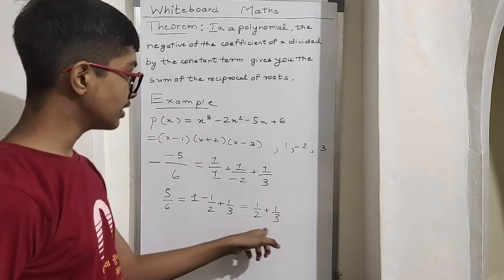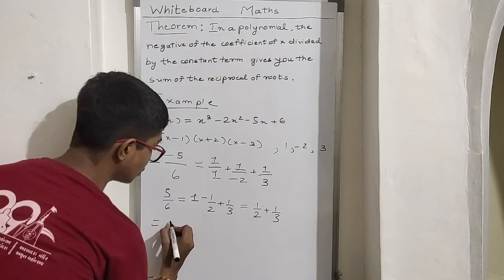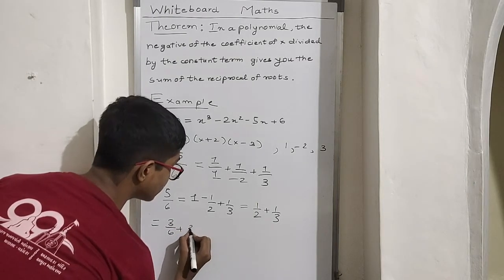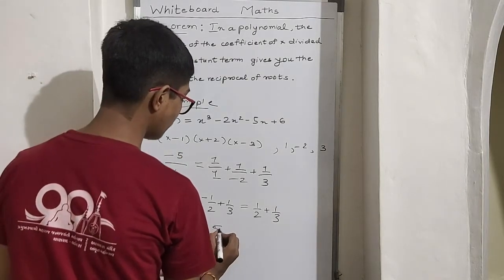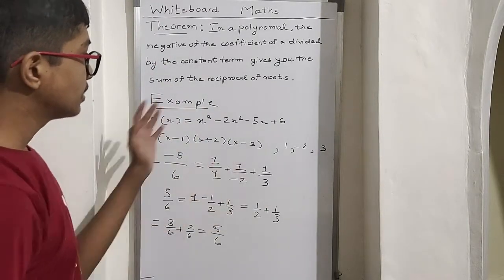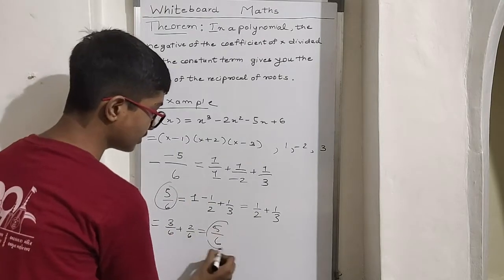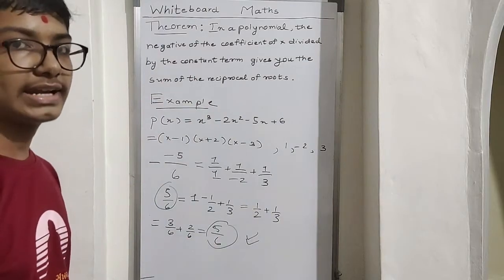If you simplify this, it will equal 3 by 6 plus 2 by 6, which equals 5 by 6. So this is the example. LHS equals RHS, so the theorem is right.